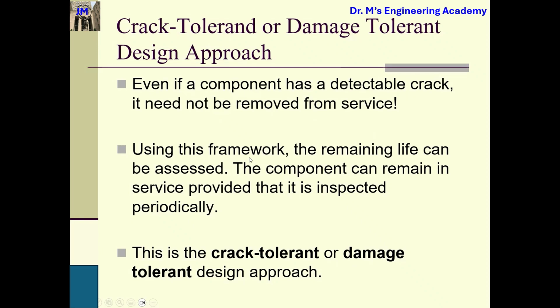Using this framework, the remaining life can be assessed. The component can remain in service provided that it is inspected periodically. So this is called the crack tolerant or damage tolerant design approach.